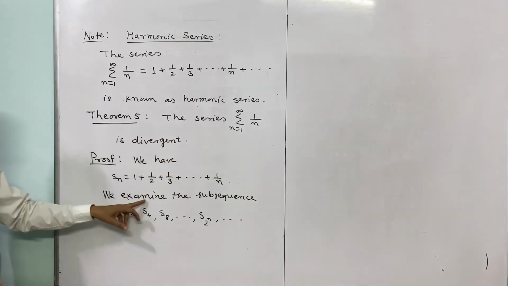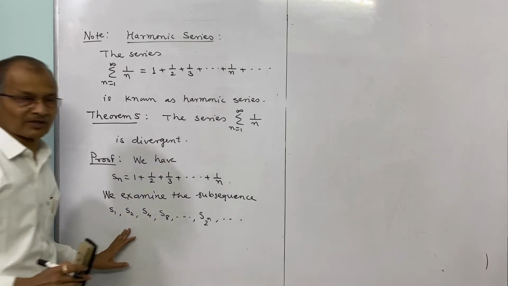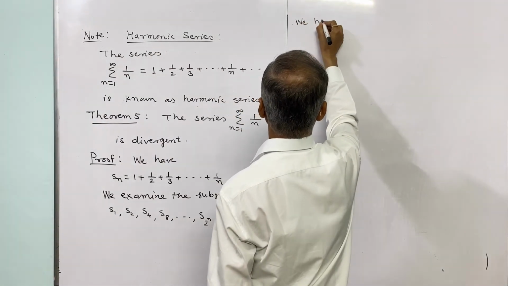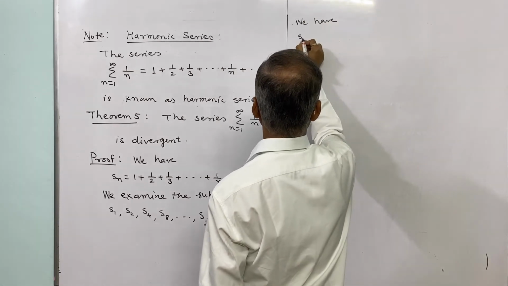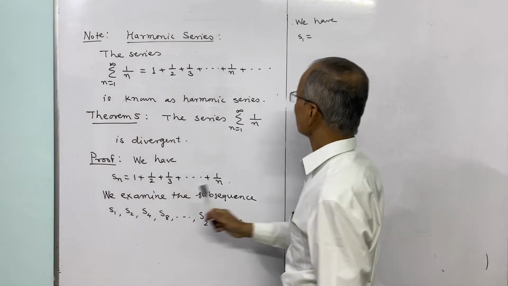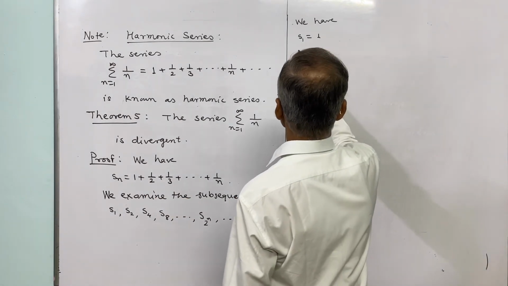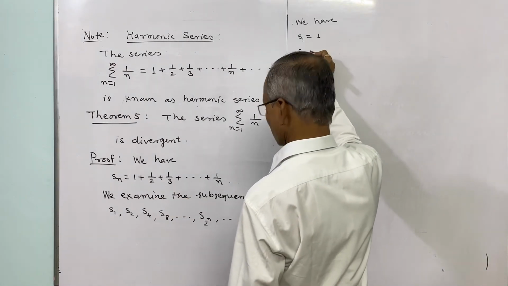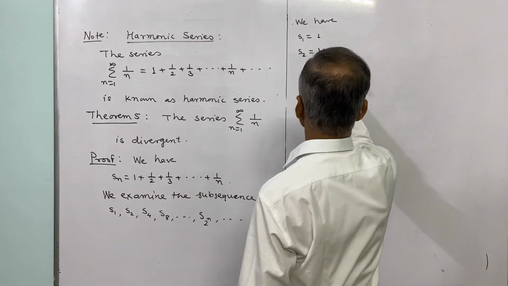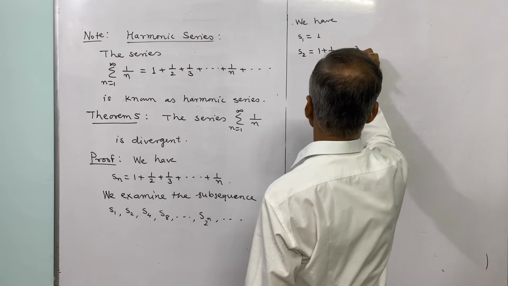We shall examine this subsequence. Now what is S1? S1 is A1, and A1 means 1. So S1 is equal to 1. What is S2? S2 is 1 plus half, and 1 plus half is 3 by 2.